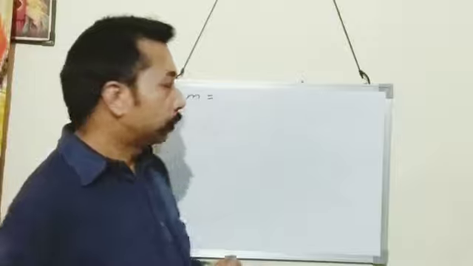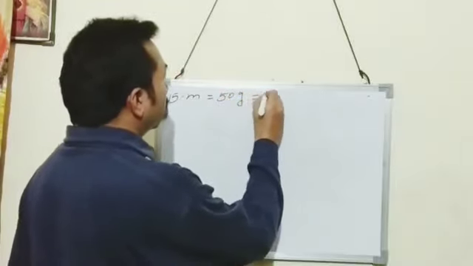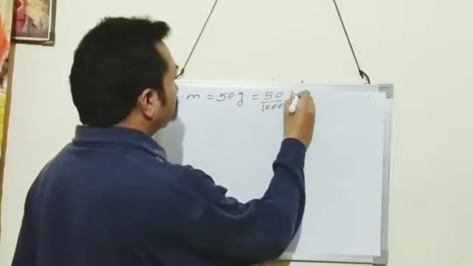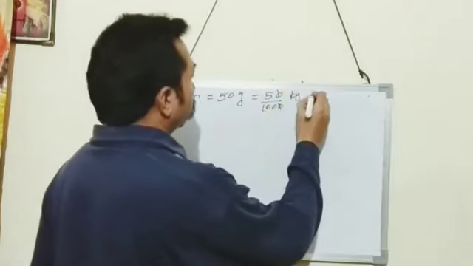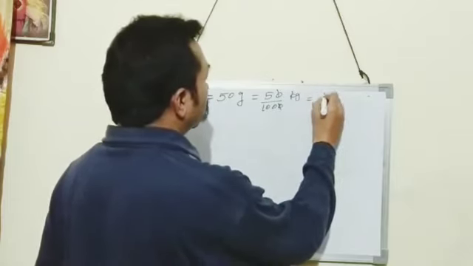Now we are doing the last question of this exercise. Question number 15. A bullet of mass 50 gram. Mass is 50 gram. We convert into kilogram. 50 by 1000 kilogram, 5 upon 100, 1 by 20 kilogram.